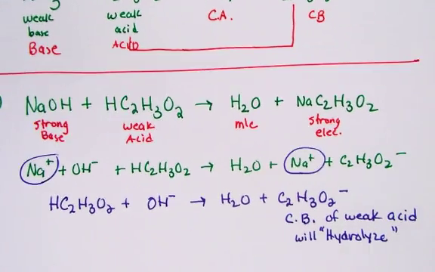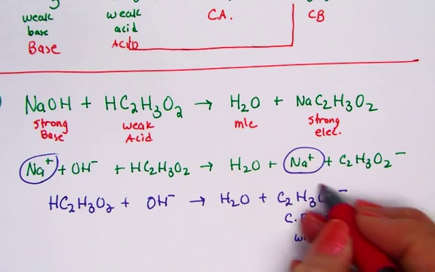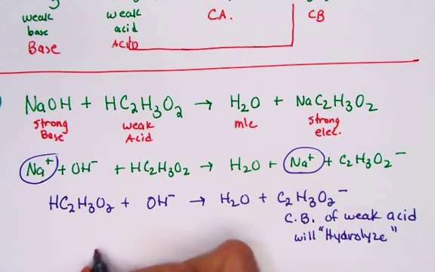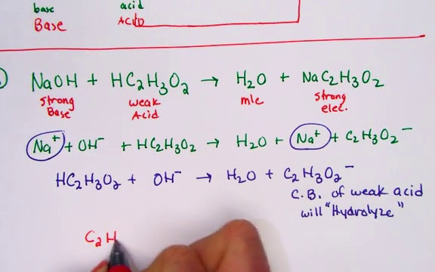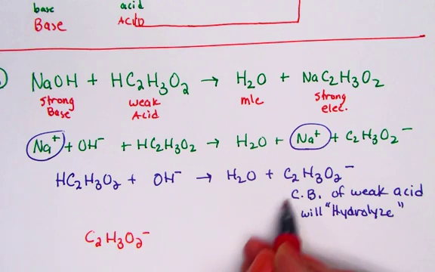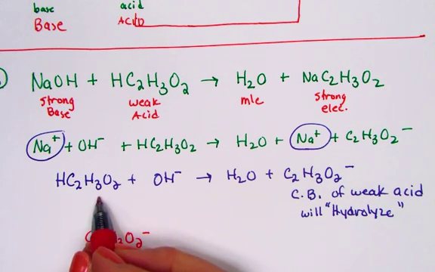Hydrolysis is reaction with water. When a weak acid lets go of its proton, and it will to the sodium hydroxide, this resulting ion undergoes a process called hydrolysis. In other words, C2H3O2 negative is the conjugate base of the original acid, acetic acid.